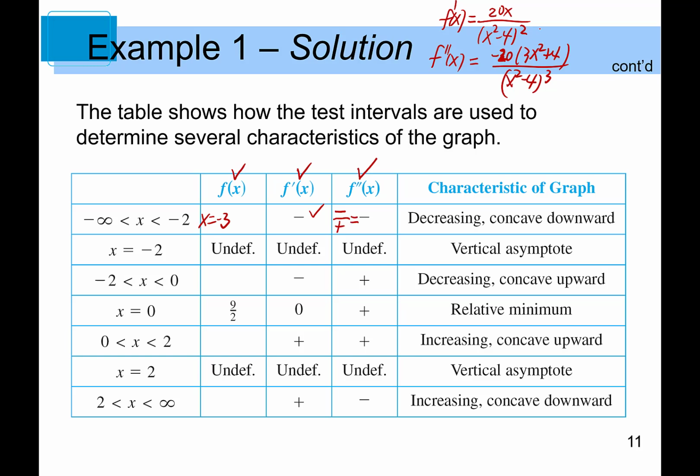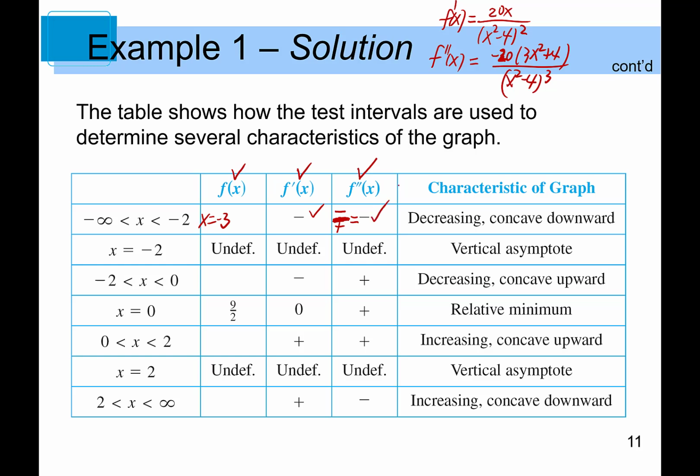The numerator of the second derivative is always negative, because -20 times a non-negative number: 3x squared plus 4 is always going to be greater than or equal to 4. And that makes it always negative. And the denominator, x squared will be 9. 9 minus 4 is 5. 5 cubed is 125, which is positive. That's why the second derivative is negative.